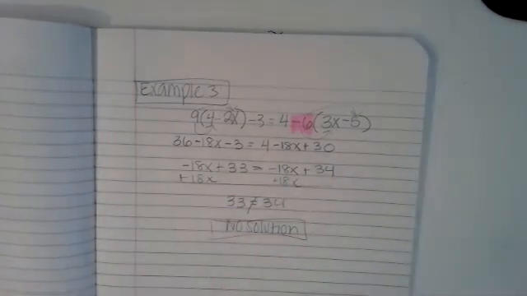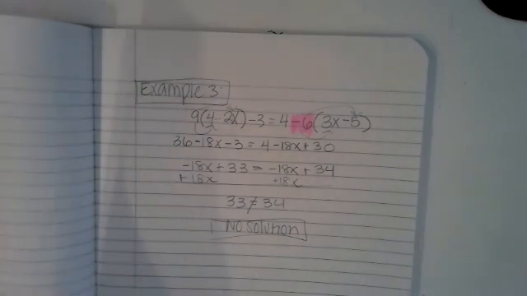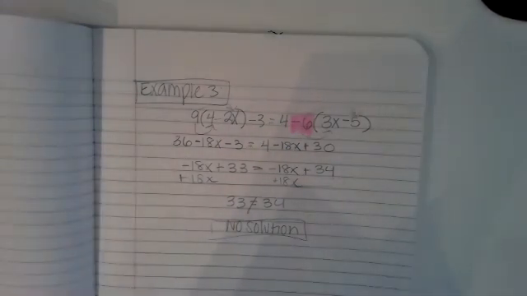So when we solve a no solution equation, you're going to box the words no solution. If I was solving an equation that had one solution, like x equals 3, then I would box x equals 3.